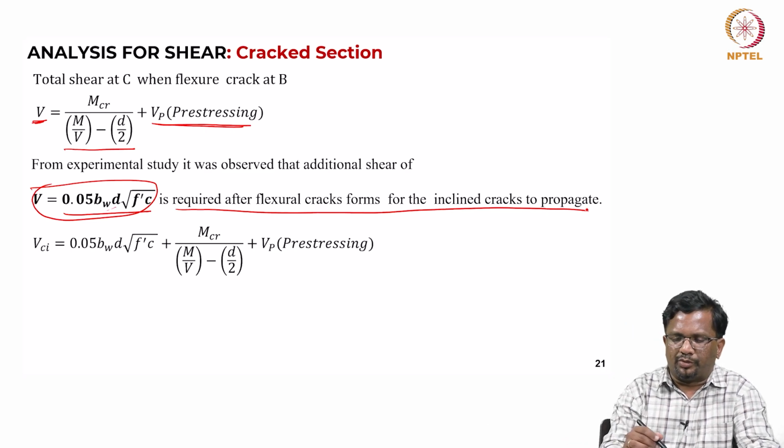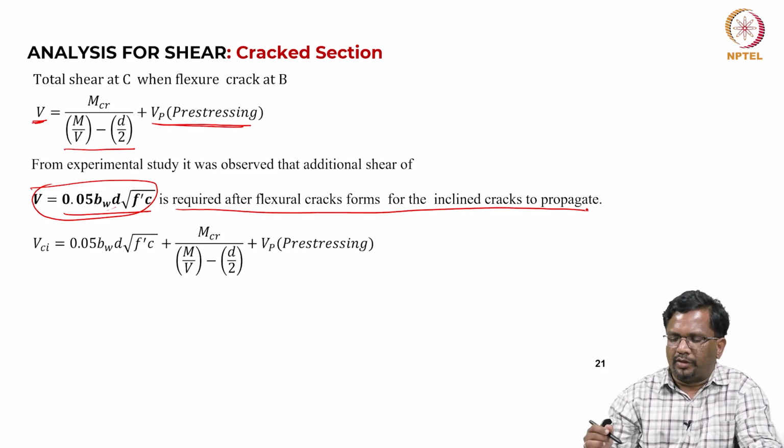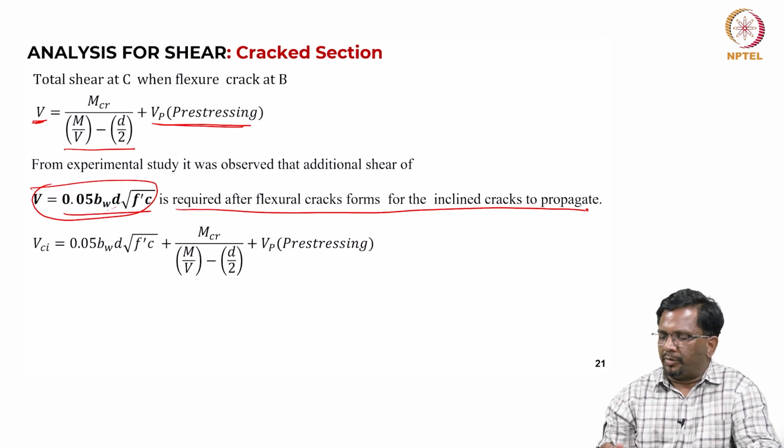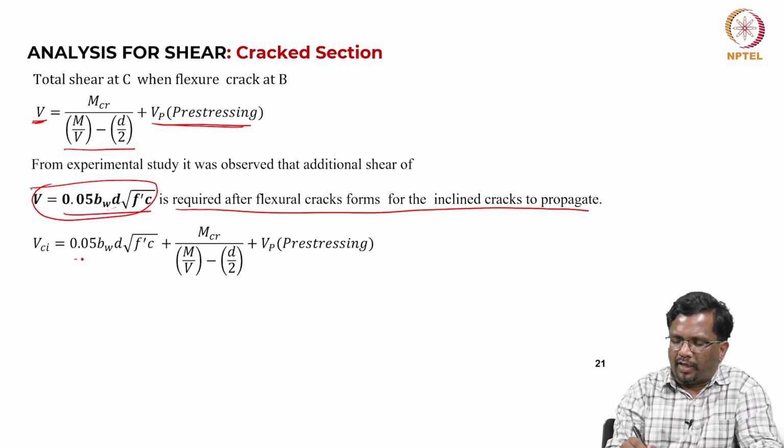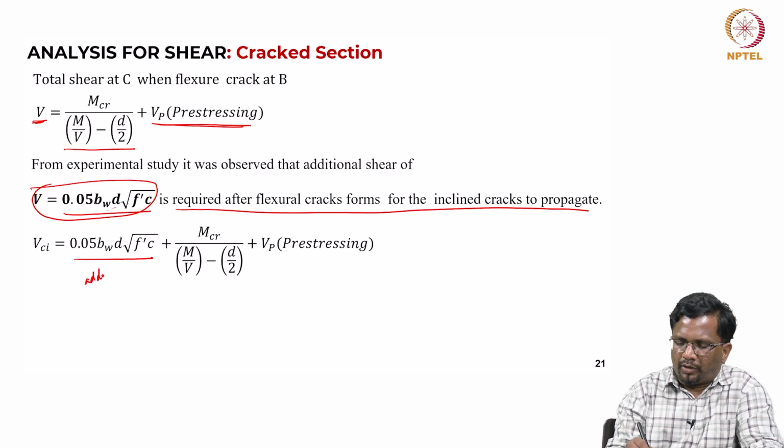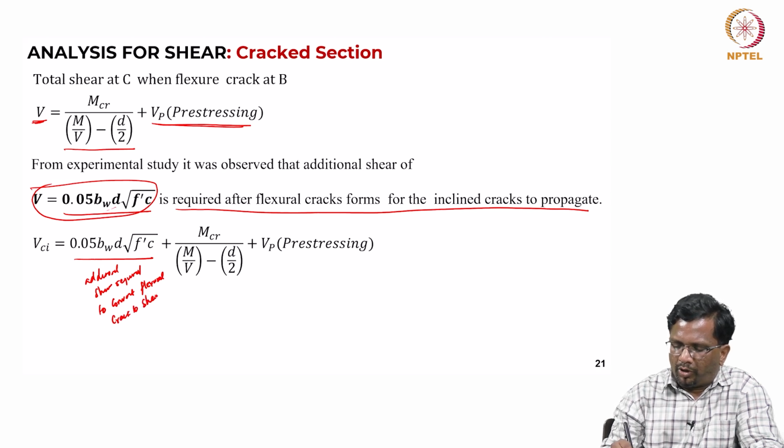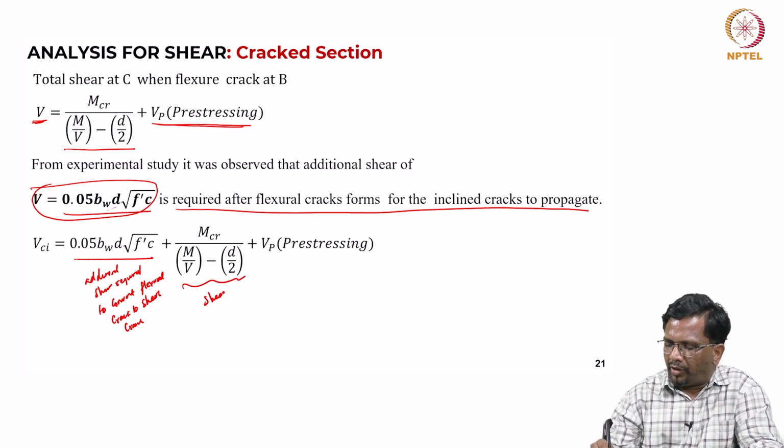So, if you substitute that VCI as this, basically this is the additional shear required to convert flexural crack to shear crack, and this is the shear at flexural crack.